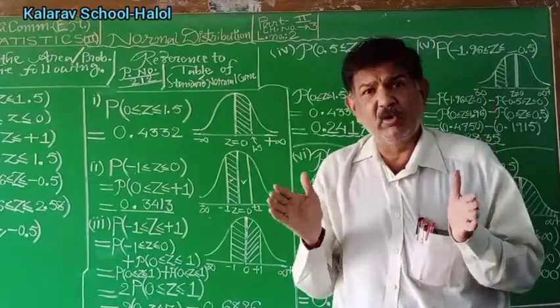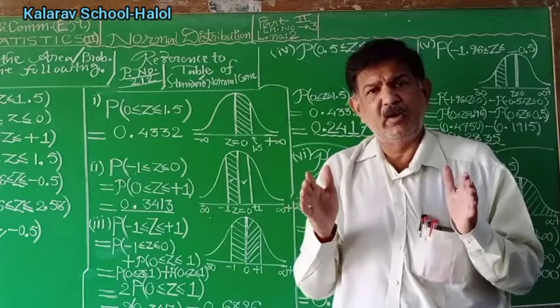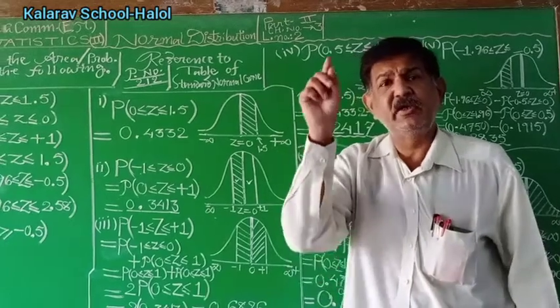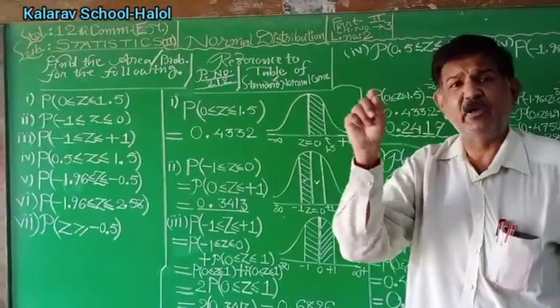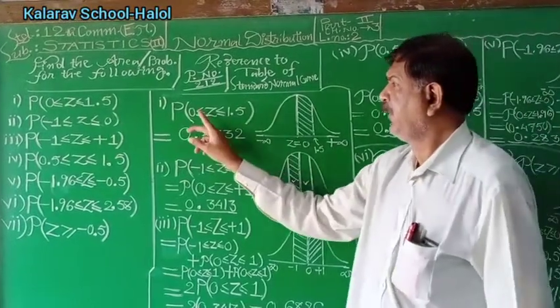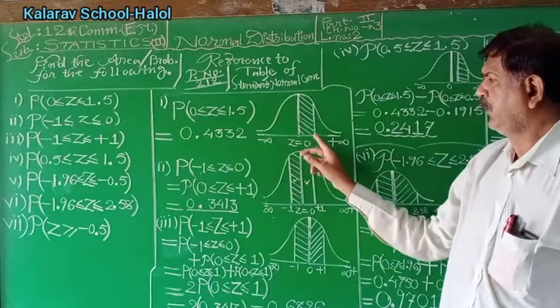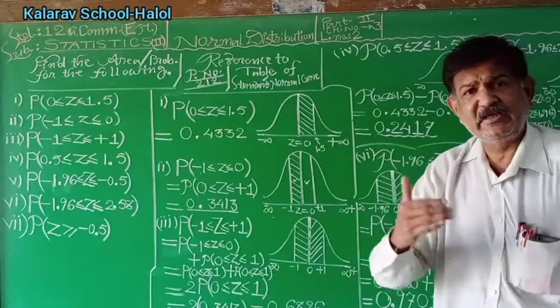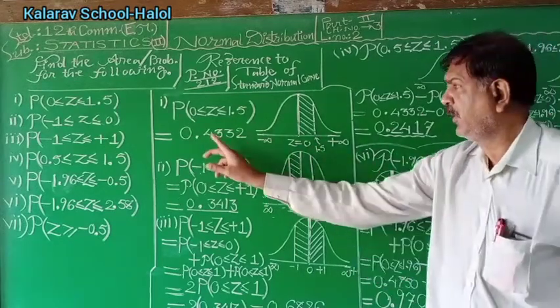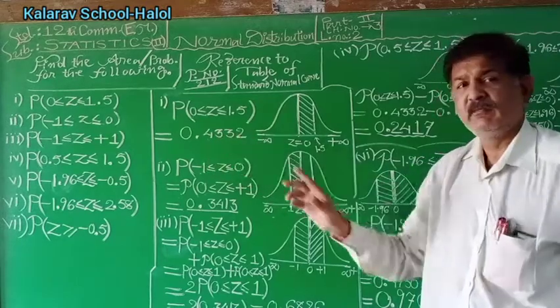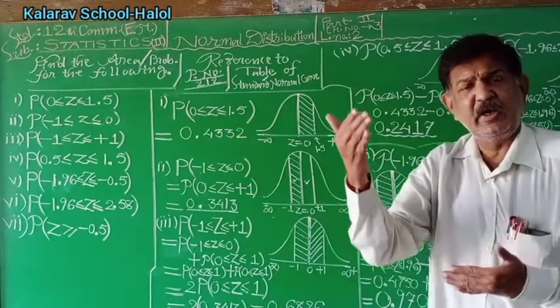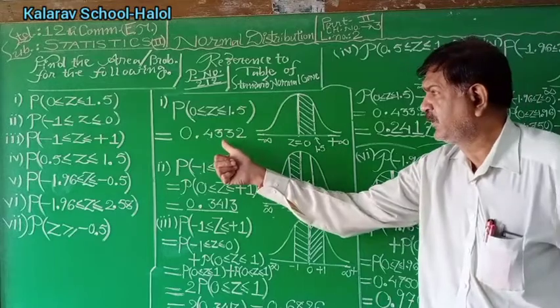Like the log book table, it is a table showing the area from 0 to z. The area from 0 to 1.5 we can see directly from the table: 0.4332. Keep the textbook with you and see in the table, you will get this value.